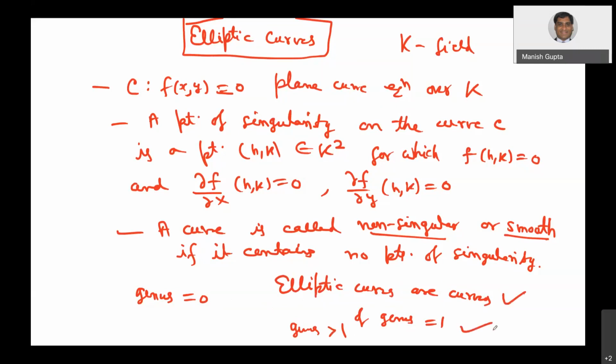When genus is 1 or more than 1, they are known as elliptic curves or hyperelliptic curves. Okay, so let me give you some examples. First of all, I can describe what kind of singularity might be there. So I recall some more definitions here.